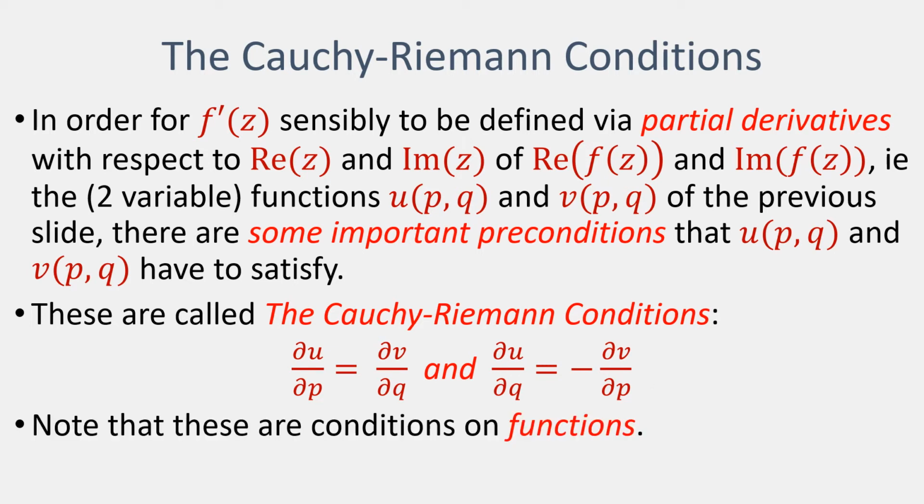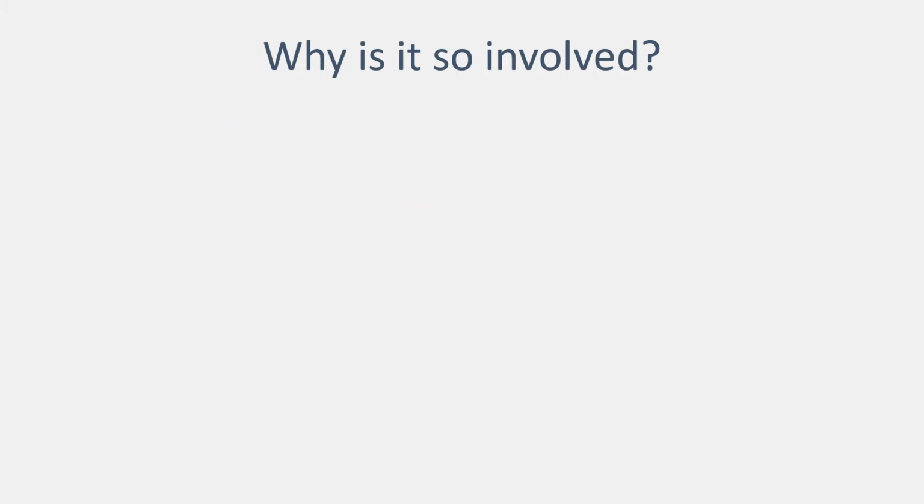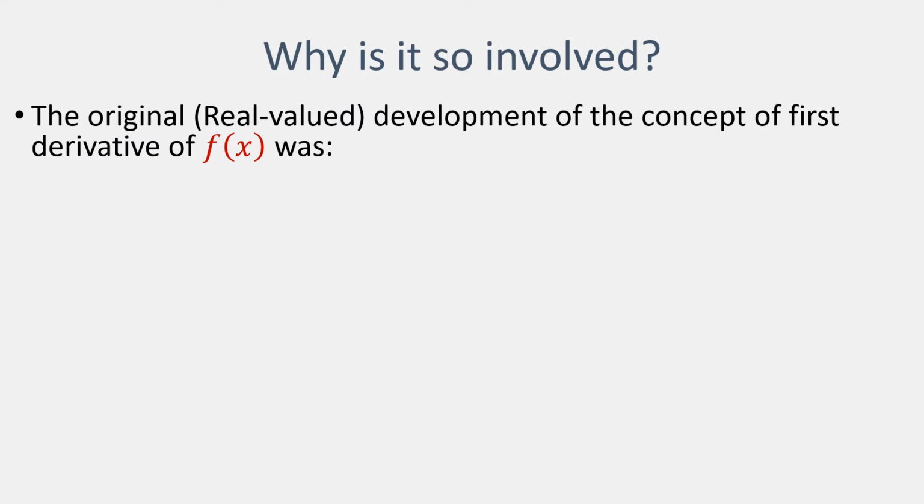So I stress again, these are conditions on functions, on the functions u and v, defining the real and imaginary parts of the output. Now, you might be wondering, why do things have to be so complicated? Why is this so involved?